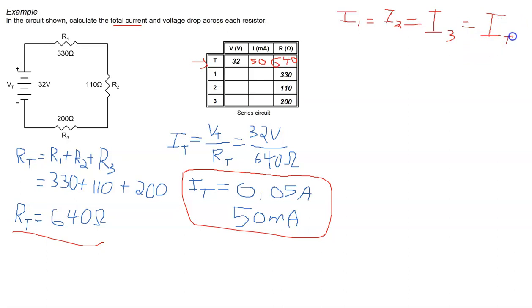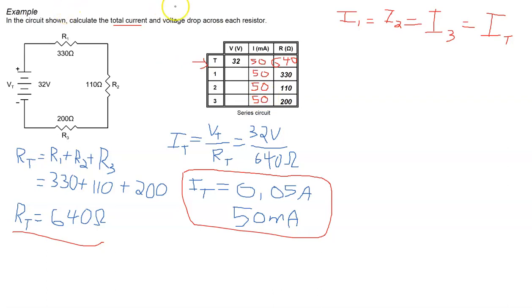And so therefore, we know that the current is 50 milliamps all the way through. Once we realize that, that current calculation gives us 2 pieces of information about each resistor, so now we can apply Ohm's law to each resistor individually.